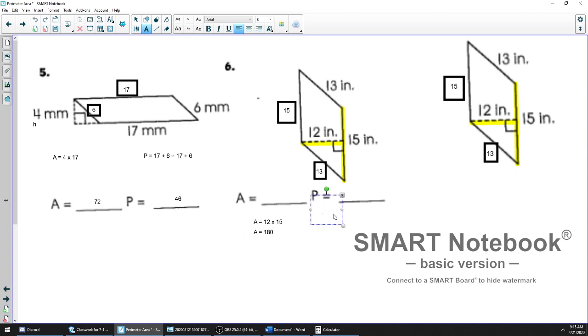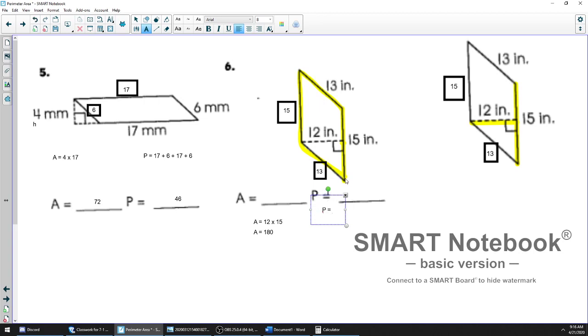Perimeter, I'm going to add the outside lines, okay? The lines of the parallelogram. So you should be counting what I've just highlighted, okay? So this right here, right here, and right here. I'm walking on the outside. So if we're walking on the outside, what do we get?